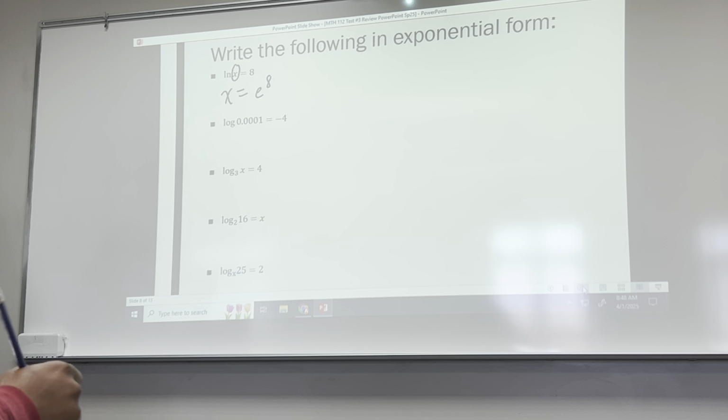So the next one, argument, which is what, tenths, hundredths, thousandths, 1/10,000th, equals, what's the base? If I don't put a base and it says log, it's understood to be base 10, right? So 1/10,000th equals 10 to the -4 power. Here's your base, here's your power, here's what it equals, right? So the next one, argument x equals base 3 to the power of 4.